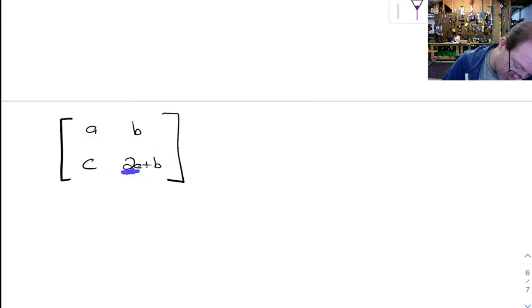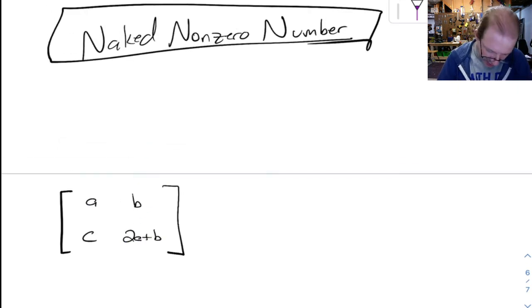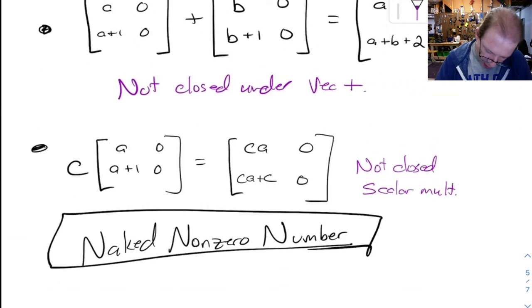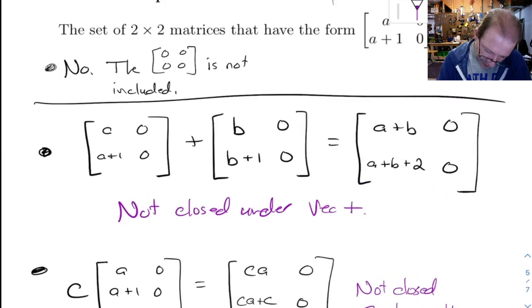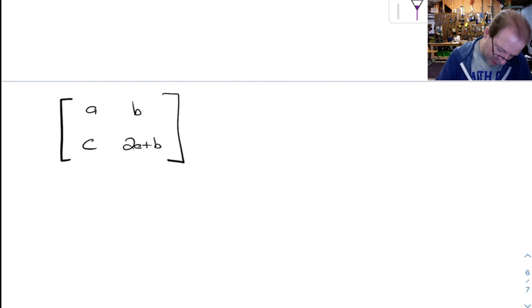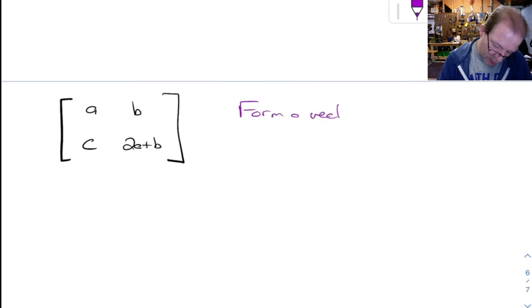You don't have a non-zero number here that doesn't have a variable on it. So when I say naked, I mean a number like this, 1, with no variable on it. This right here, if you worked it out, would be fine. I'm not going to do it, but these would form a vector space. All right, and we'll stop there.